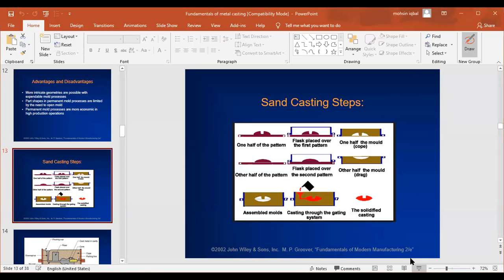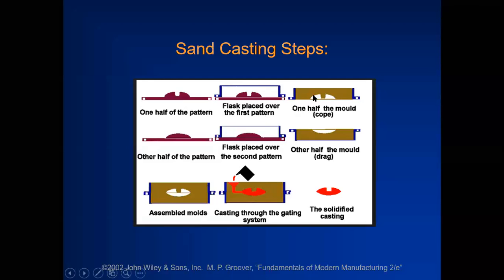Okay, sand casting processes. You will fill up the cope, the upper portion of the flask, with the sand. Then you will place the other half of the pattern flask over the second pattern. This is the flask.